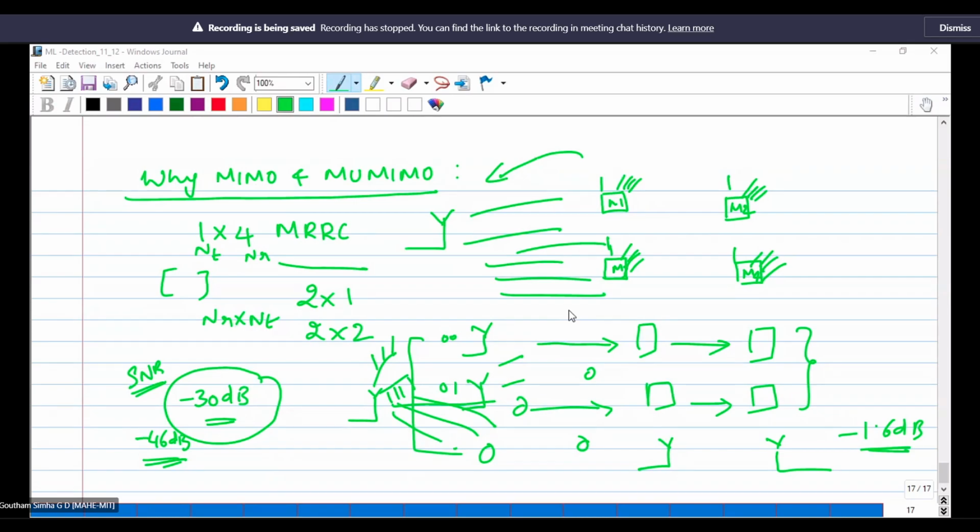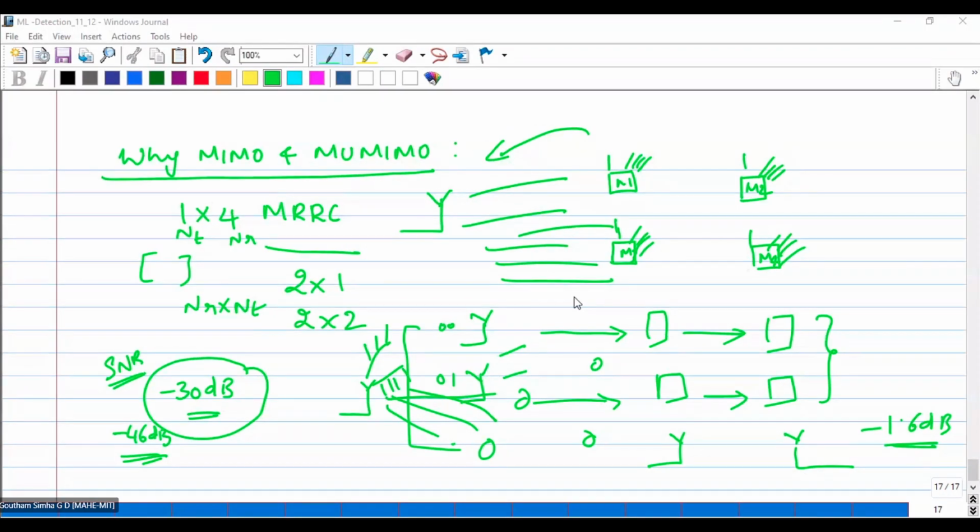Study the concepts, and the problems I had given, the probability of outage and the probability of error for selection combining, and MRC. Just those two would be fine. Let's not talk about Alamouti and ML; all those things are not required.